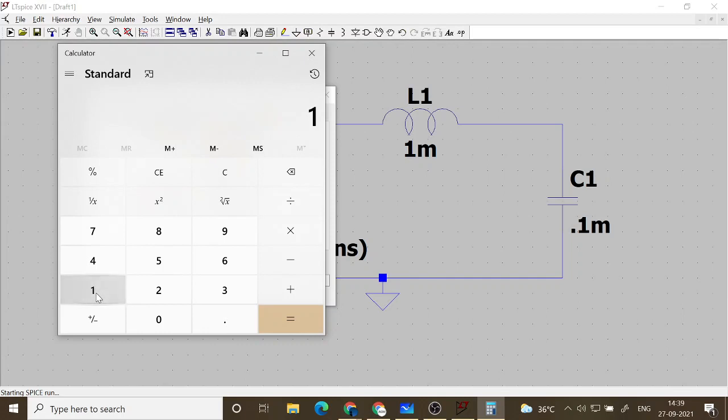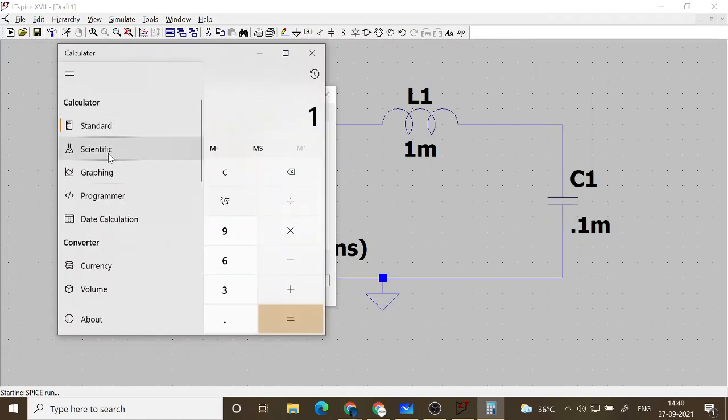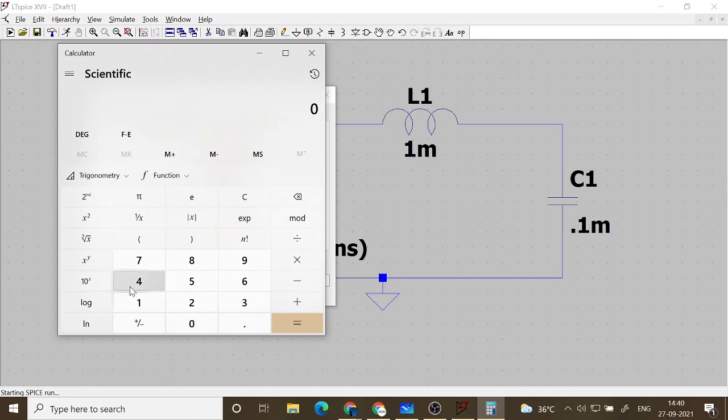Let me go to scientific calculator. So 10 raised to minus 7, and then square root of this.